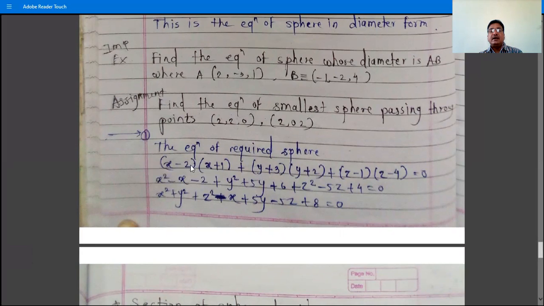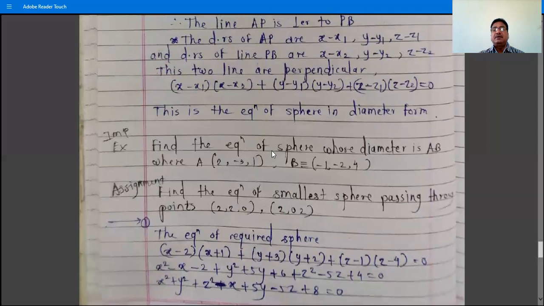Similarly, the multiplication of the y terms is y square plus 3y plus 2y, that becomes 5y, plus 6. Then z square minus z minus 4z becomes minus 5z, and minus 1 and minus 4 multiply to plus 4. The final answer is x square plus y square plus z square minus x plus 5y minus 5z, and the constant term is plus 8, is equal to 0. This is the answer of this example.